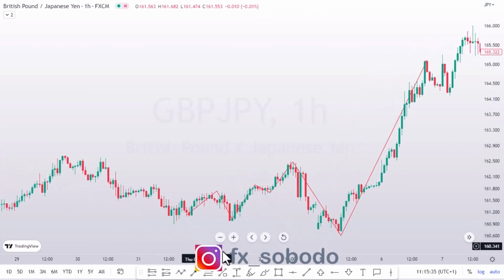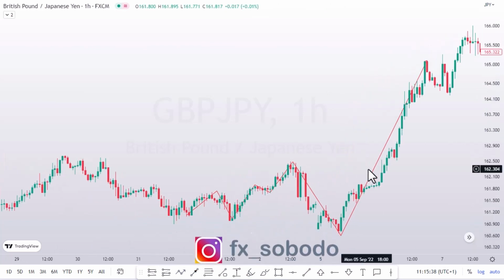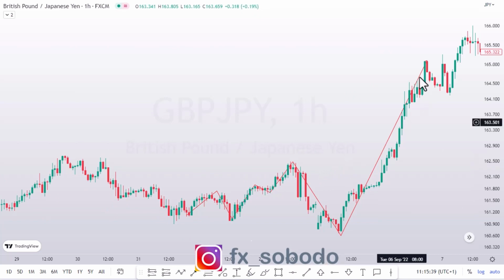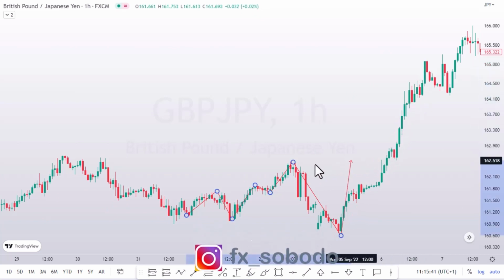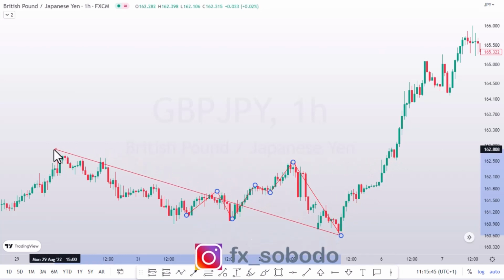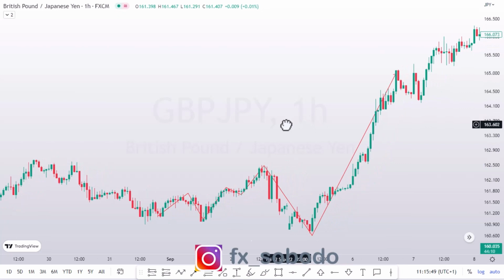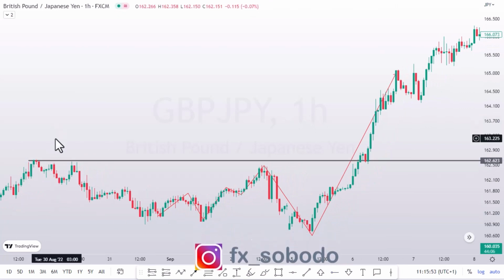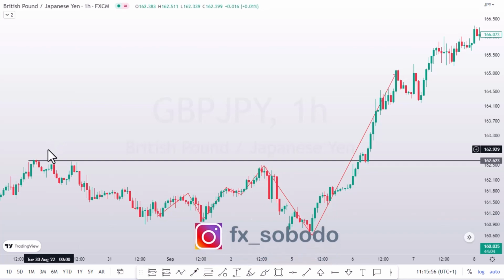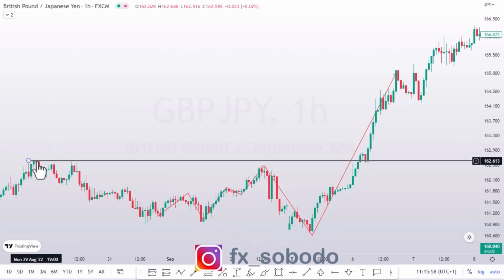So now here, what we will look for, since we've noticed at this level, structure got changed. And this is a buy structure, as you can see. So this is our major resistance. So remember, the more touches, the better. The more bounces of resistance, the more sustainable it is.